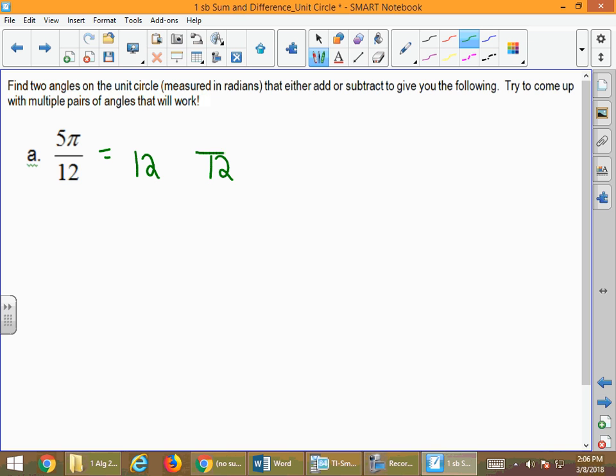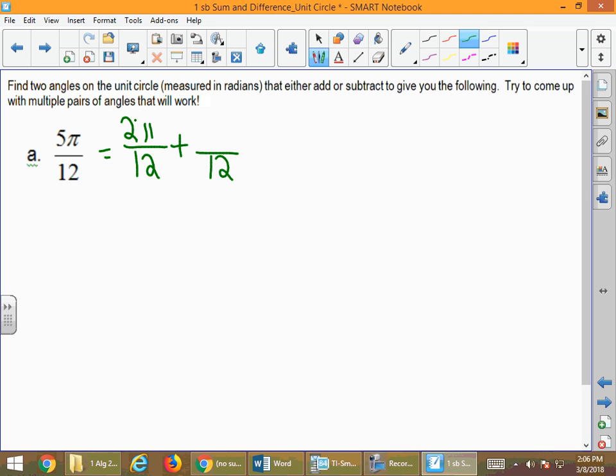So I'm going to write it like this. Common denominator means they both have to have a 12 in them. Well, now that I've got the common denominator, do we have any values that combine to be 5? Let's go add to be 5, to make adding a little bit easier than subtracting. Any two values that combine to be 5?